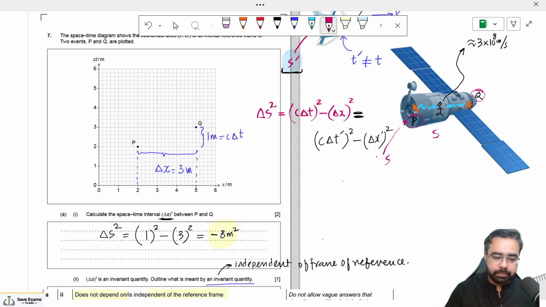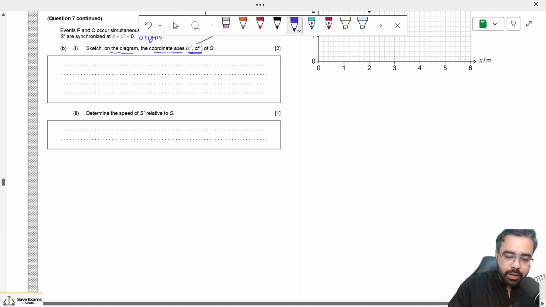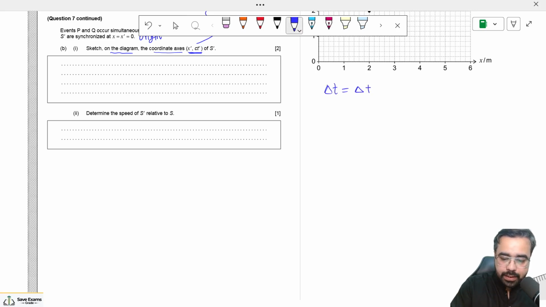It means that, don't you think that the delta t value and delta t prime value are actually the same? Because P and Q happened at the same time.